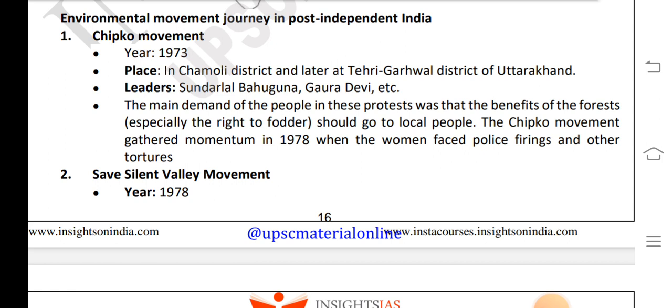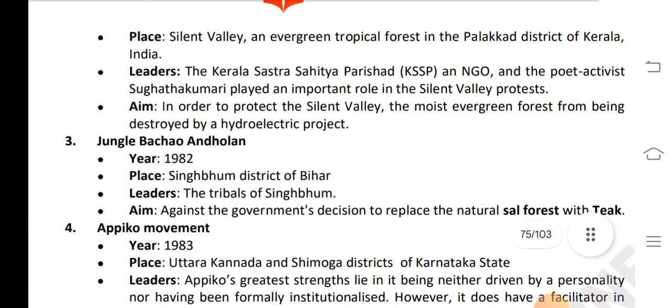The main demand of the people in this protest was that the benefits of the forest, especially the right to fodder, should go to local people. The Chipko movement gathered momentum in 1978, when the movement faced police firing and other torture.